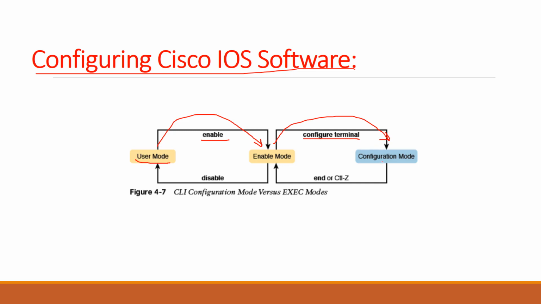If you are at the configuration mode and you want to go back to the enable mode, type exit or end or Control Z. This will move you back from the configuration mode to the enable mode. If you are at the enable mode and you type disable, you will move from the enable mode to the user mode.